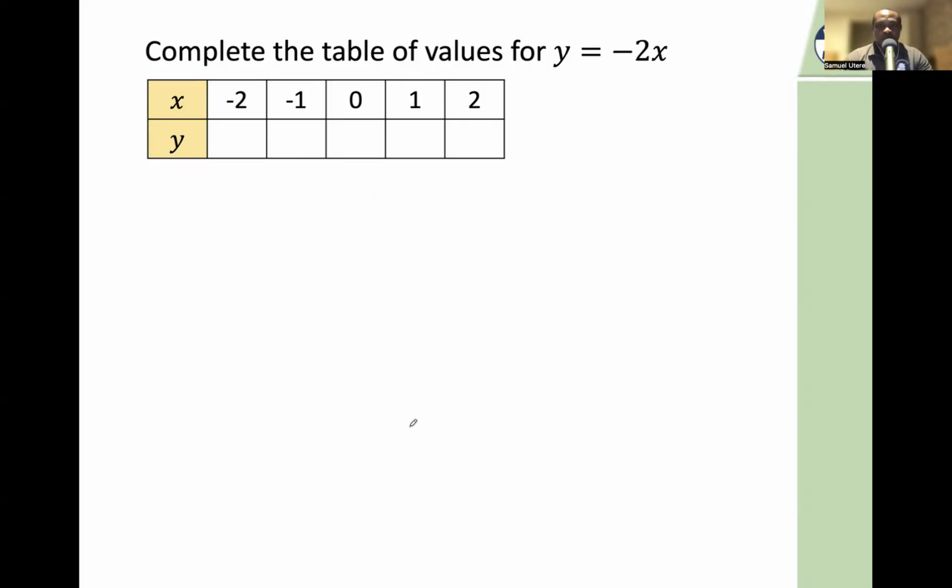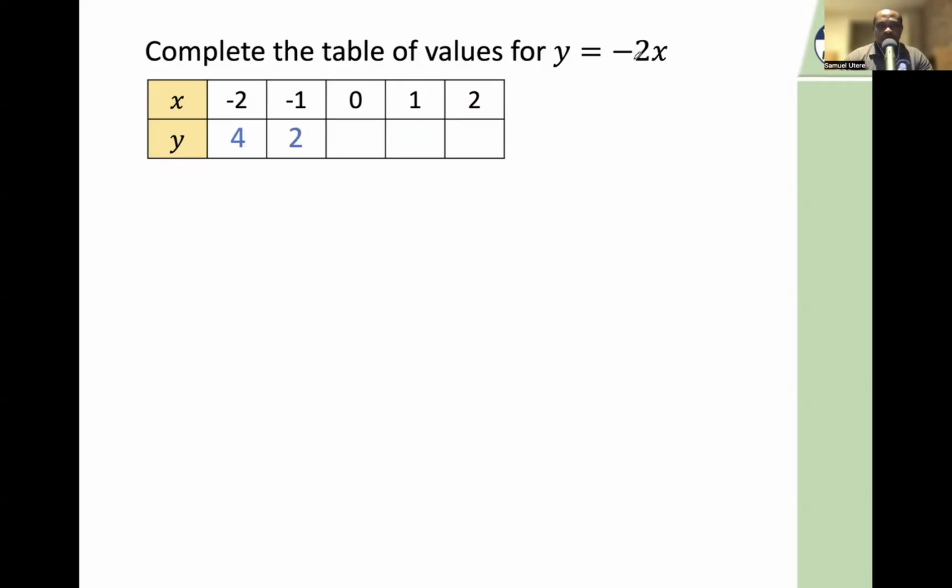What about this one? Well, remember what we said, if we have the form y equals kx, k is always the gradient, right? So notice that it is negative. Let's see what happens. I think you will notice something interesting.